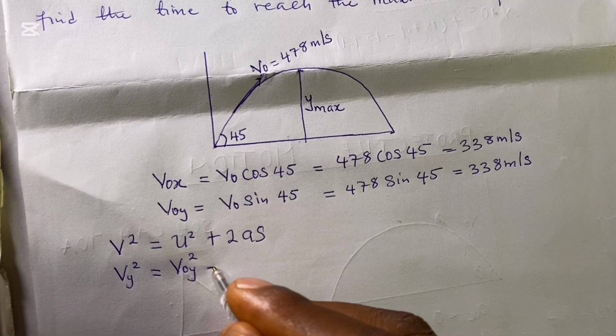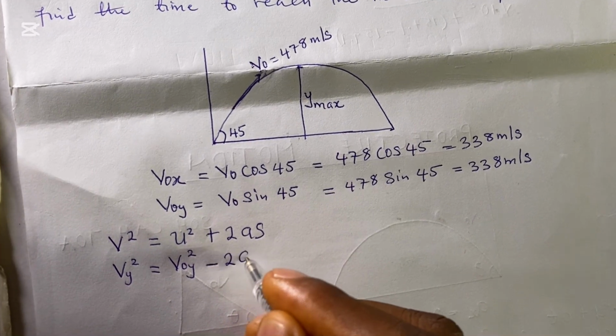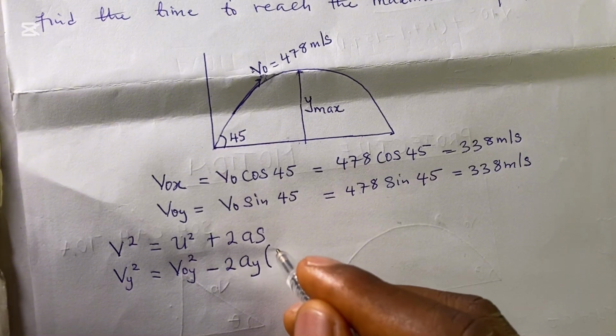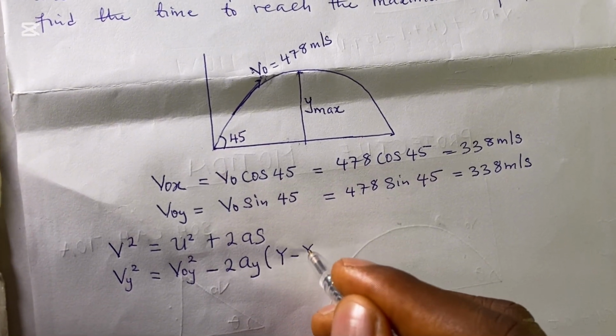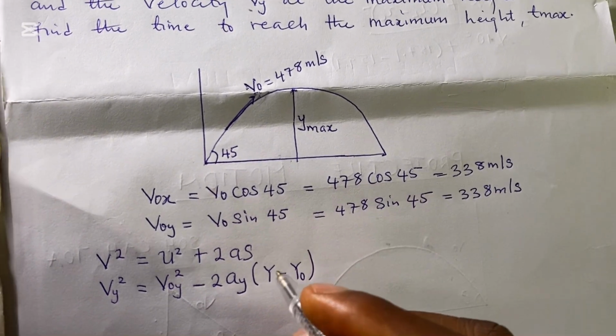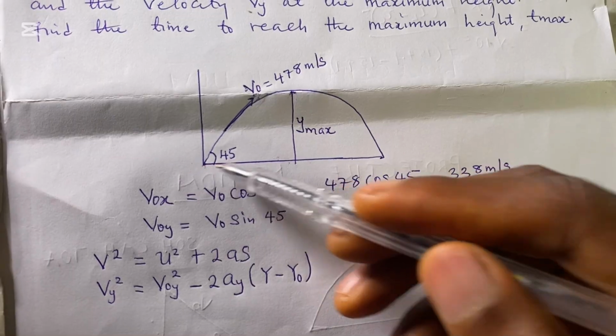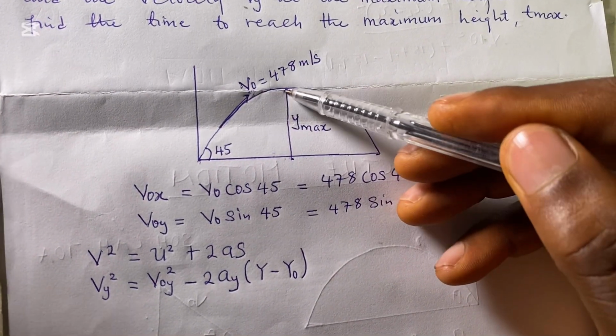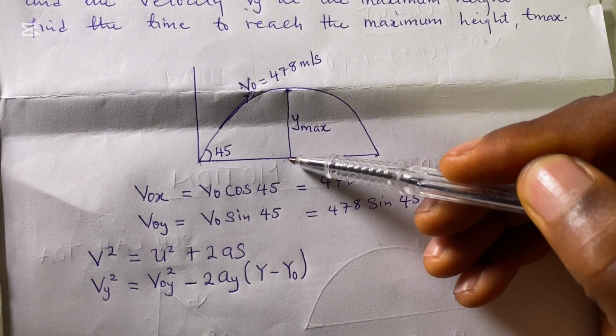So you have negative 2a_y. This change in position now becomes what? y minus y naught. That is from the diagram, looking from here. This is what we are looking for. So this is our y minus y naught.